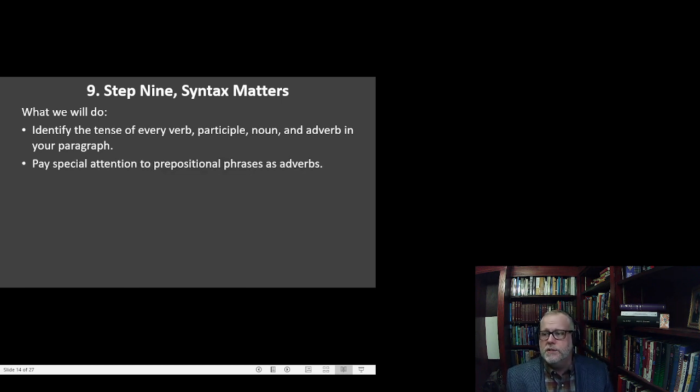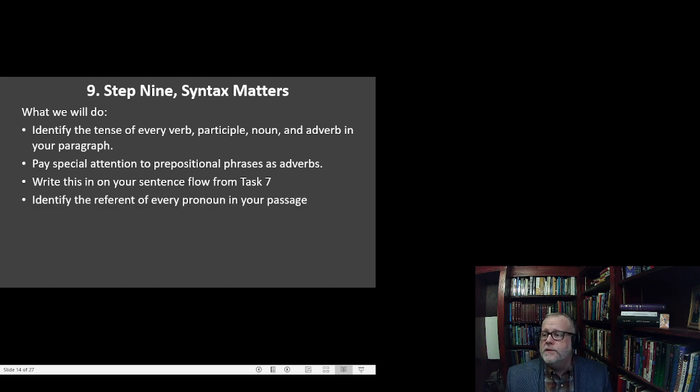Pay special attention to things like prepositional phrases functioning as adverbs, because they most often do in Greek. Write this on your sentence flow from task 7. In other words, you're going to add this grammatical information, and this is to the Greek one rather than your translation one.